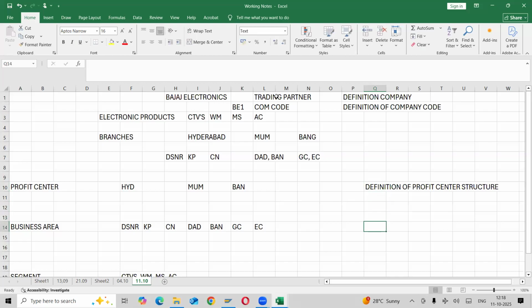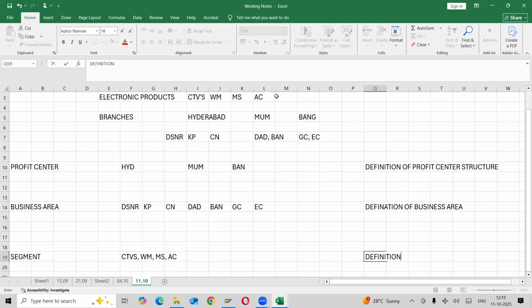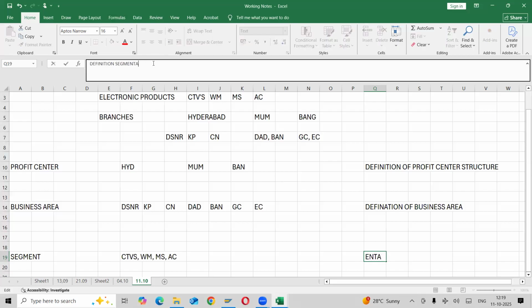Next one, definition of business area. Next one, definition of segment. If you have any credit control area and all the stuff, we can do that. So we are going to do that.